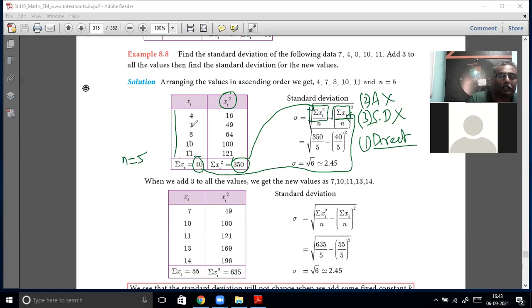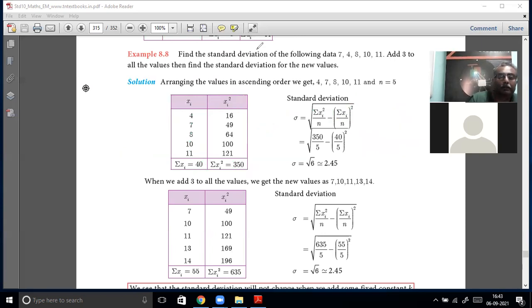You have to improve your calculation speed. 4 plus 7, 11. 11 plus 8, 19. 19 plus 10, 29. 29 plus 11, not 17. 29 plus 11, 40. So 40 is correct. Sigma x of i is equal to 40.